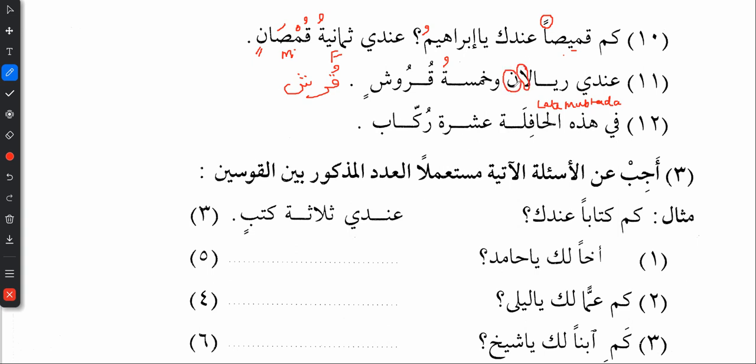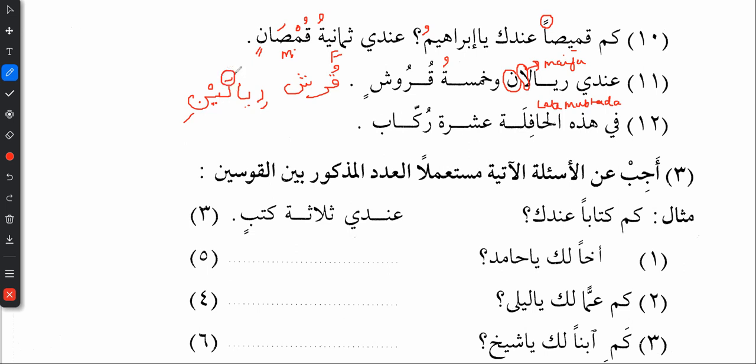So if it has alif, it is in marfu case, right? If it was in mansub and majroor, it would have been riyalaini. It will be riya, lay, and ni. So this will be ya with sukoon and noon kasra. And when you want to check whether this is muthanna or jama mudhakkar salim, always check the haraka before the ya.